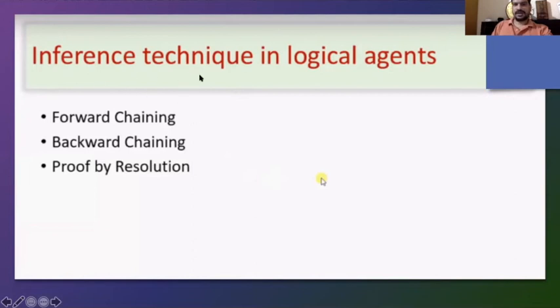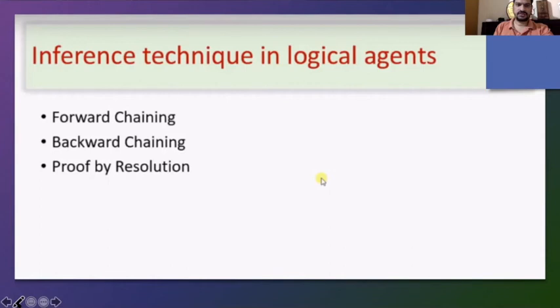In first order logic, we have three types of inference techniques. The first is forward chaining, the second is backward chaining, and the last one is proof by resolution.